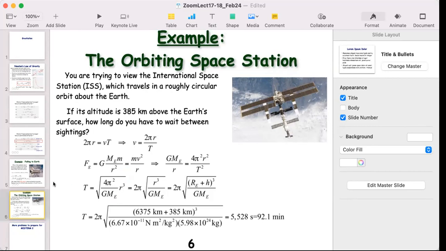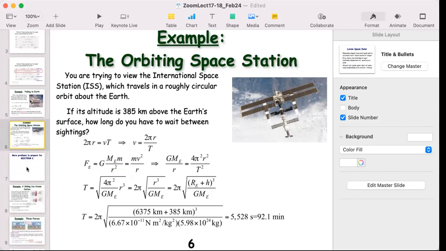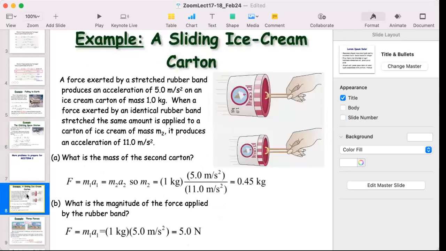Then, in the spare time that we have, we are going to do some problems as a preparation for the midterm. So let's see. For example, here we have a force exerted by a stretched rubber band that produces an acceleration of 5 meters per second squared on an ice cream carton of a mass of 1 kilogram.